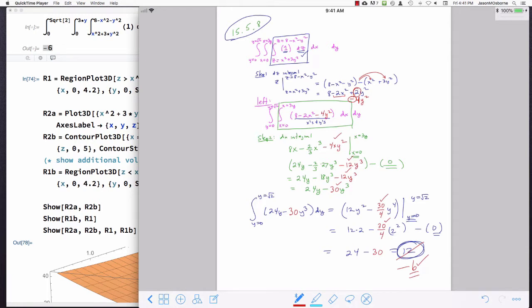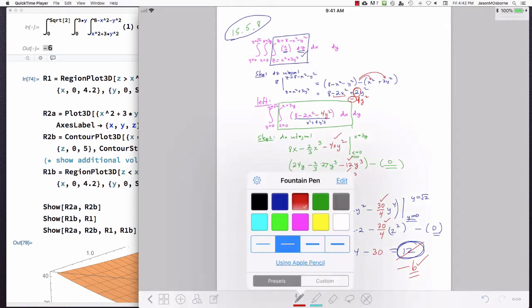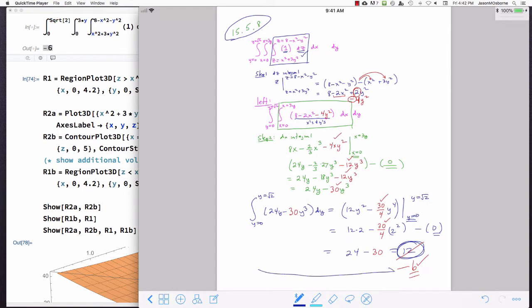And the thing I need to remind everyone about is that -6, when we do this triple integral of some function 1 dv over some region, the answer you get here is, quote, like the net volume.